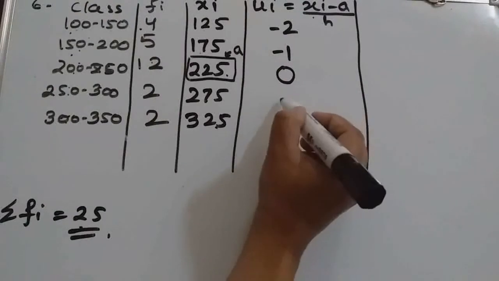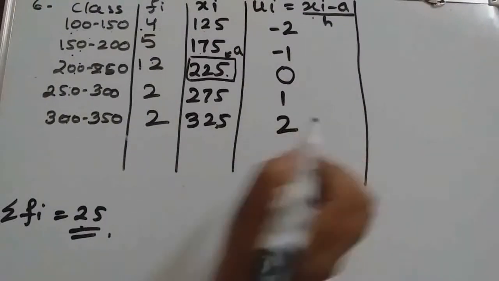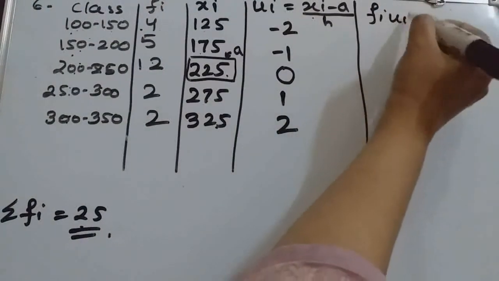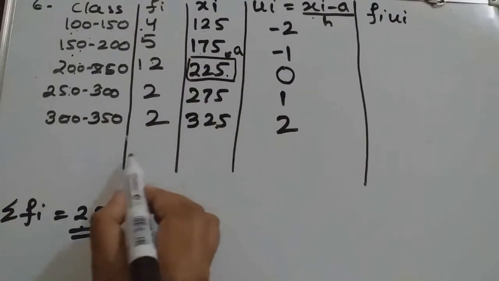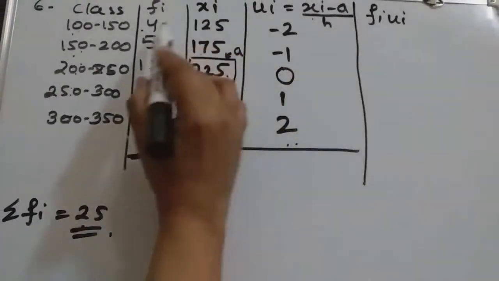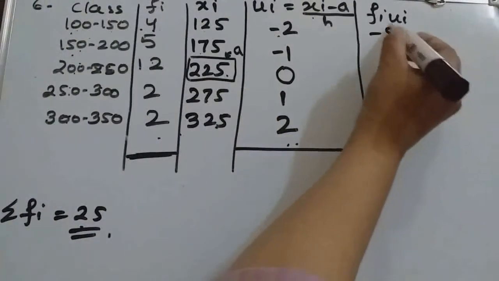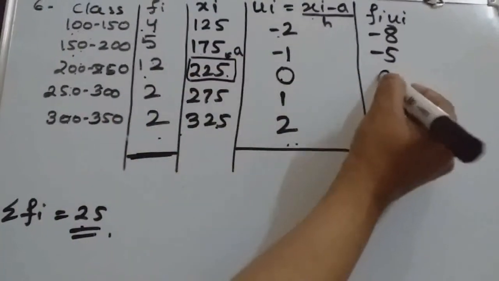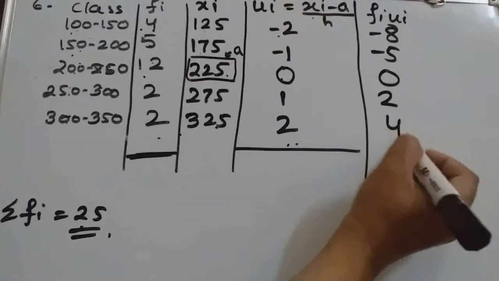Below, all numbers will be positive starting from 1. This is your ui. The last column will be fi ui. So these two columns, fi and ui, you should multiply. So 4 into -2 is -8, 5 into -1 is -5, 12 into 0 is 0, 2 and 4.